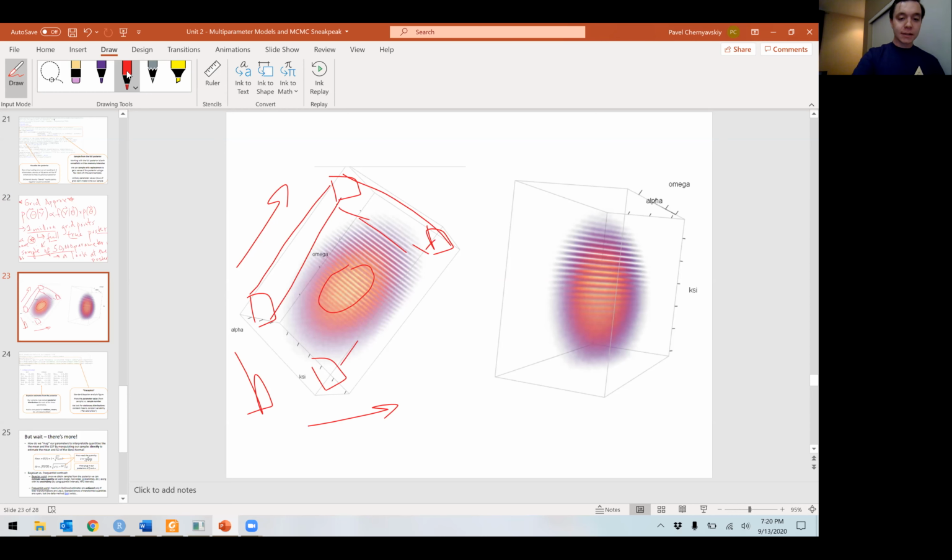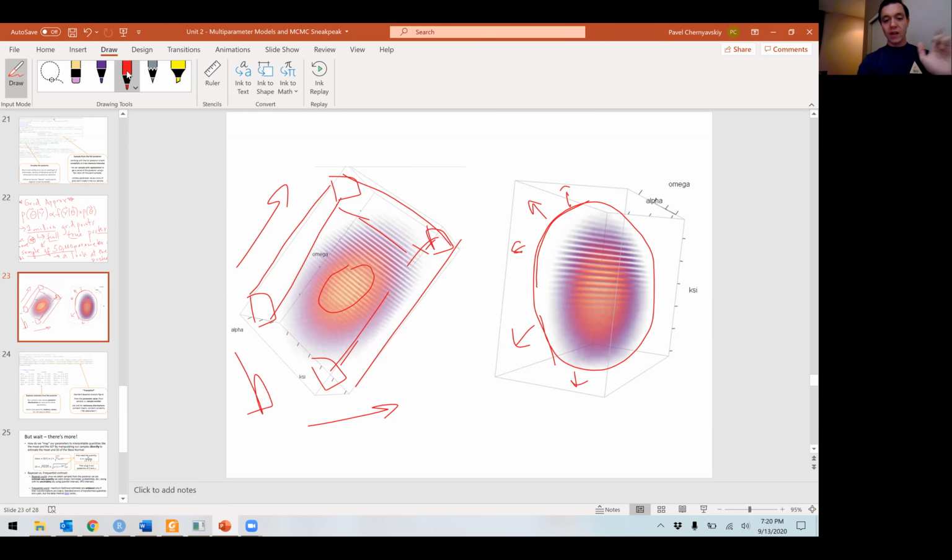Wouldn't it be great if we had a way of only computing the posterior where it was most likely? Wouldn't it be great if I didn't have to waste my time computing the posterior where it was almost literally impossible?